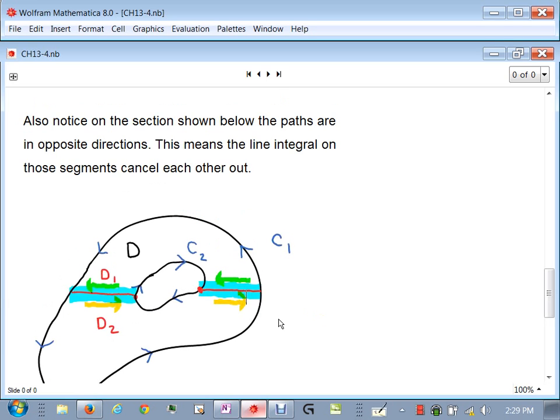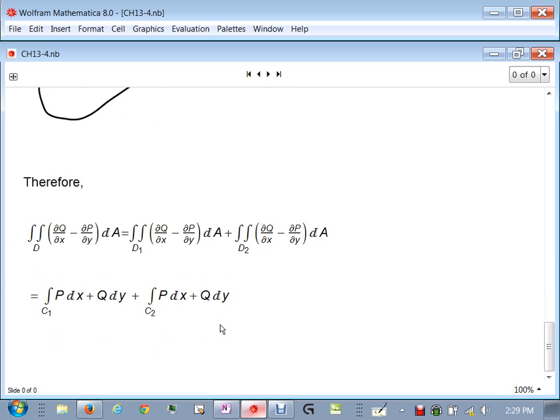C1 was the whole path, right? Why is it just C1 and C2 added together? It's not as obvious as it looks. The cancel out part was pretty obvious, I hope, but why is it that the double integral over D1 plus the double integral over D2 is just the line integral on those two paths?